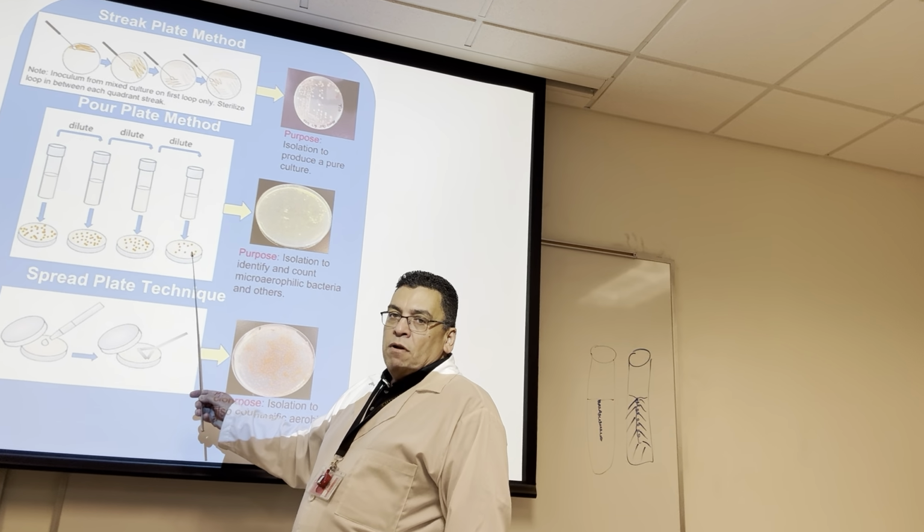There is a purpose for this. I would not use this technique for your standard isolation. That's why we didn't use this, because we're just isolating. That's why we use the other one. This one is more commonly used when you are growing or counting microaerophiles. Let's look at this word.